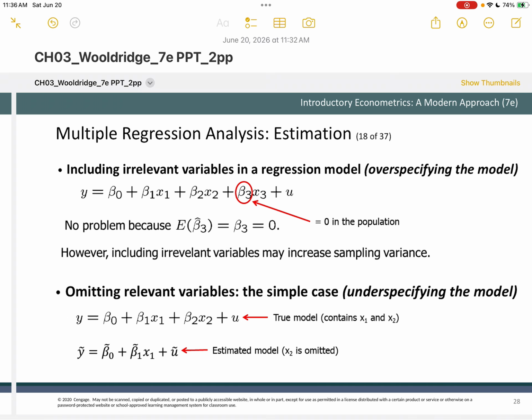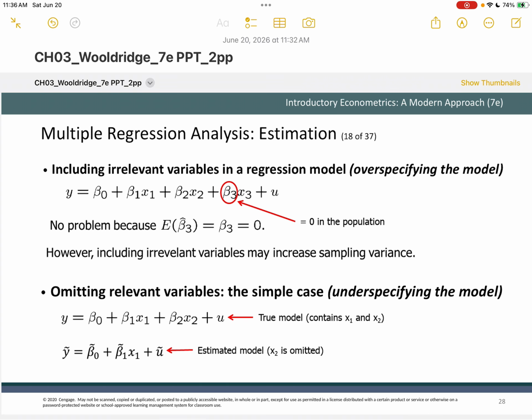So I have an example for us to follow. Oops, I think I went ahead a little too far. Here, yep, I have an example for us to follow. Let's assume that we have here the true model, y equals beta 0 plus beta 1 x1 plus beta 2 x2 plus u. So the true model contains both x1 and x2. Now, let's assume that we omit x2.